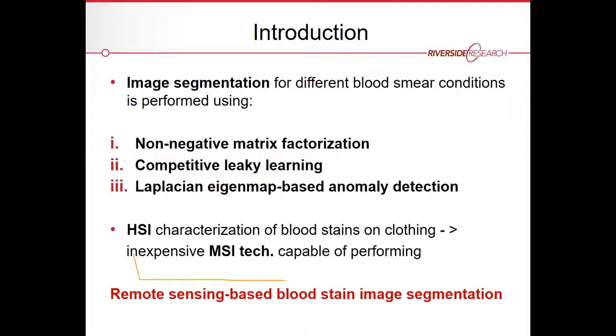Image segmentation for different blood smear conditions is performed using machine learning algorithms, particularly non-negative matrix factorization, competitive leaky learning, and Laplacian Eigenmap-based anomaly detection. HSI characterization of bloodstains on clothing leads to inexpensive MSI technology capable of performing remote sensing-based bloodstain image segmentation. That's what we're really after in the future.